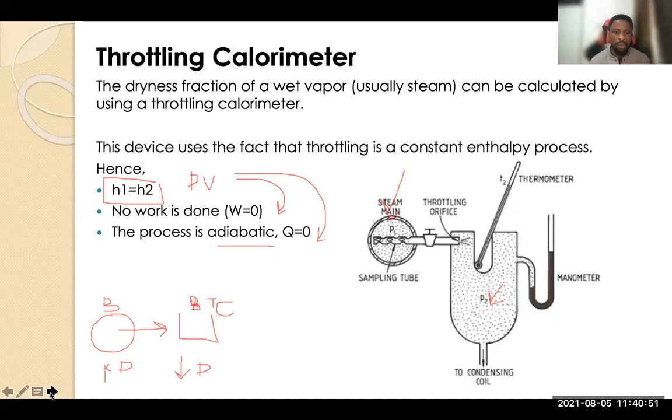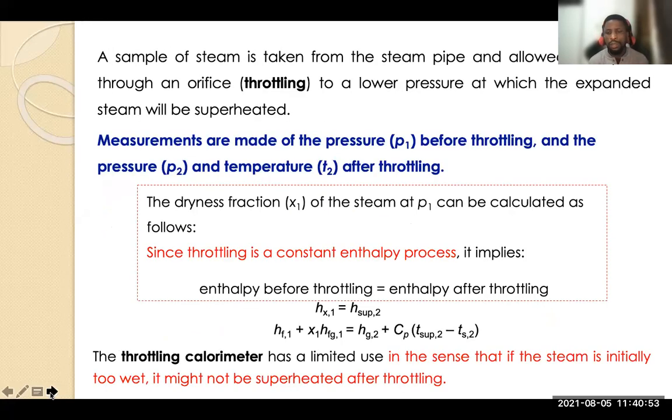Another thing you want to take note of is the fact that since it's a throttling calorimeter, the steam is forced through a valve. That is how the process works. That is what throttling is.